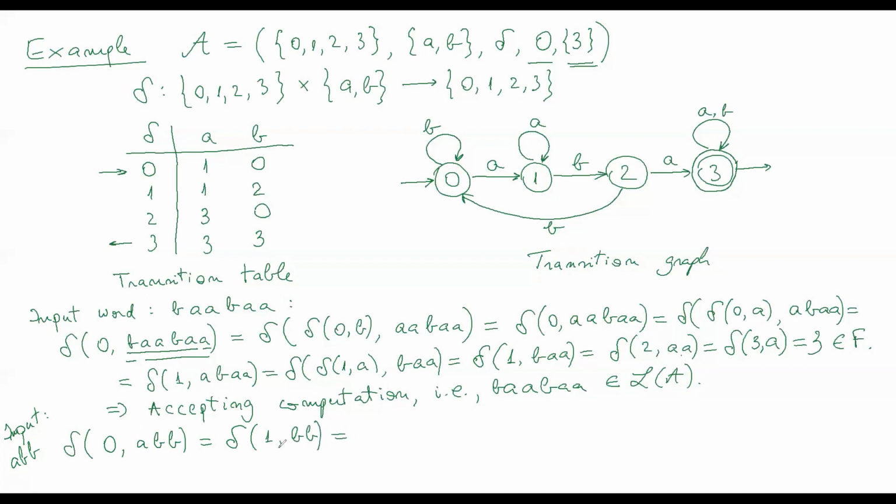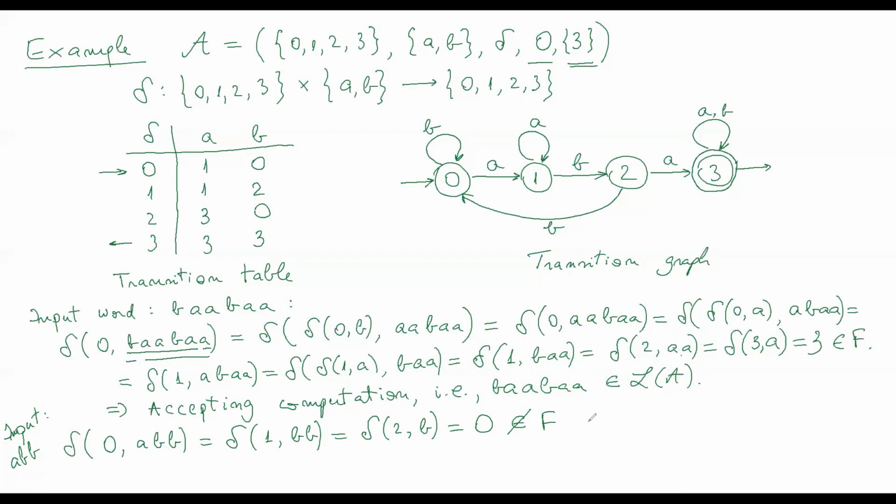And then from 1 with letter B, I go to state 2. So that will bring me to state 2, and I have to handle the remaining part of the input. And from 2 with letter B, I go to state 0. And 0 is not in your final set of states, because the final set of states was made of just the state 3.